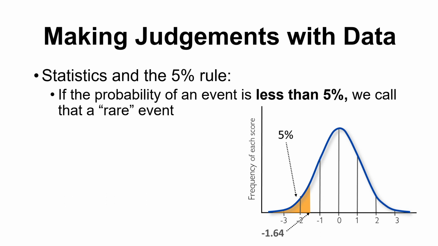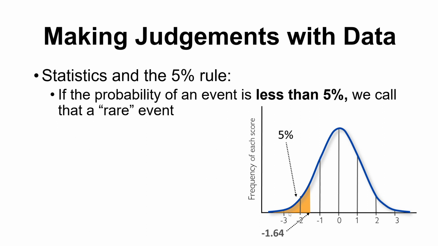So we make that judgment, and the standard is usually a 5% cutoff. So in this case, we'd say that there is less than a 5% chance that we would get a difference between our groups this extreme if there was no real relationship here to find.